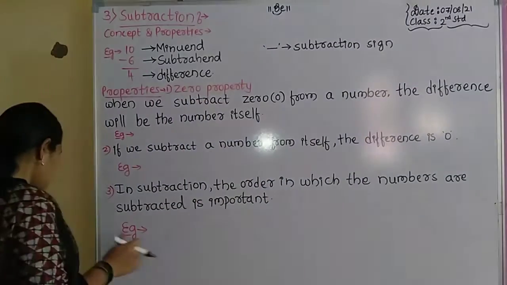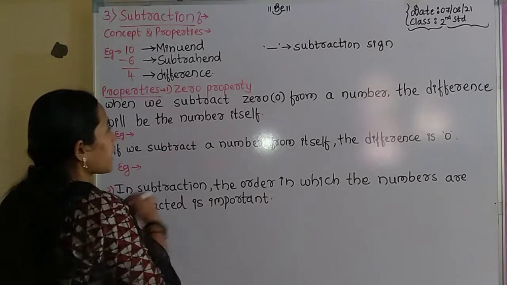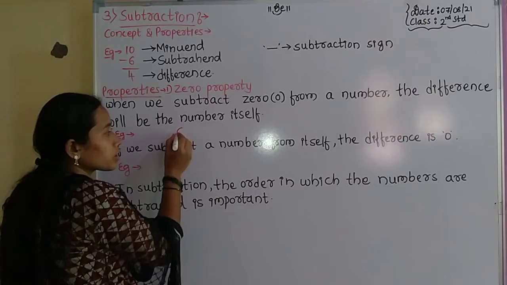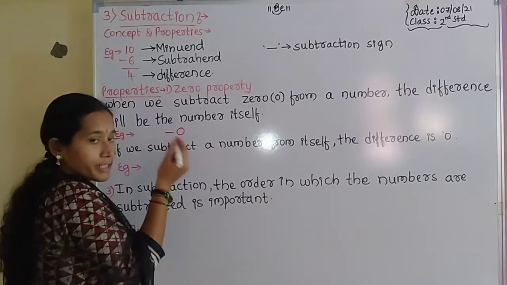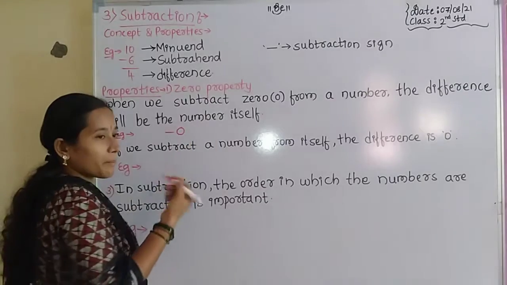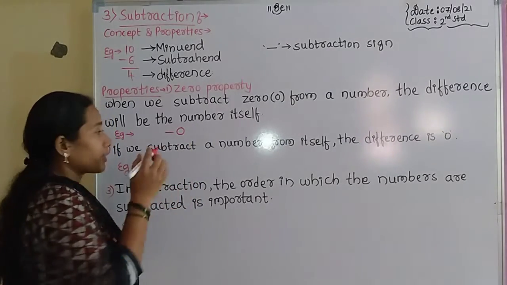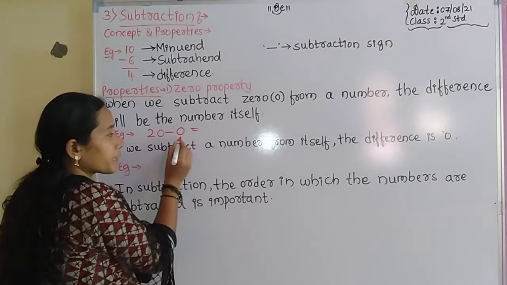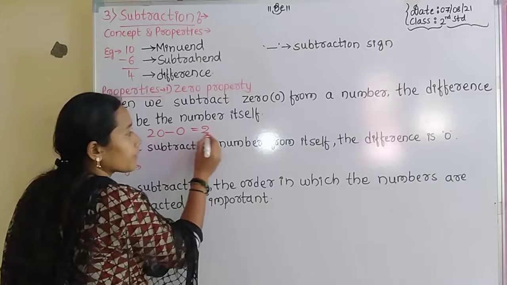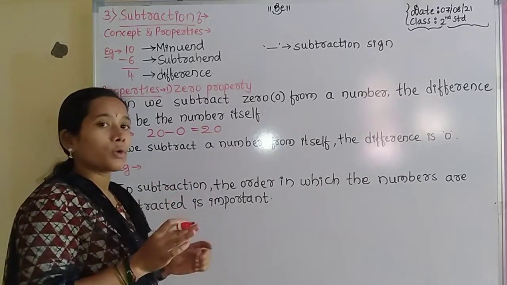When we subtract 0 from a number, the difference will be the number itself. For example, take any number, and we subtract 0. That means 0 is the subtrahend, and the given number, consider any number, is the minuend. Consider here 20. When we subtract 0 from 20, the difference will be the same number, the given number only.